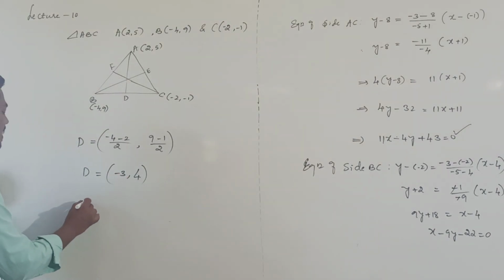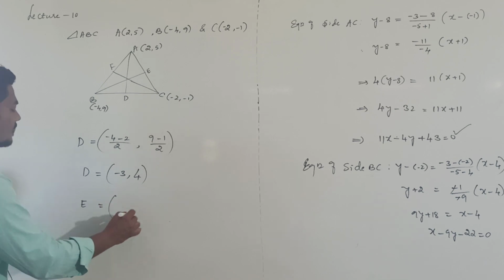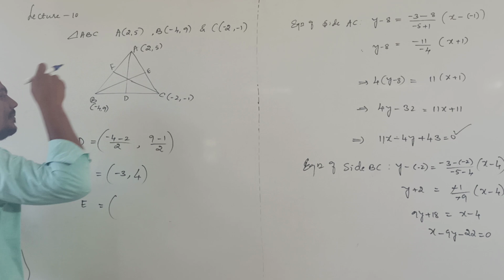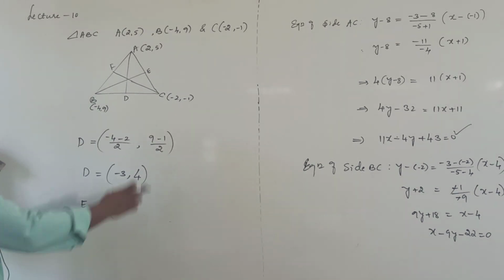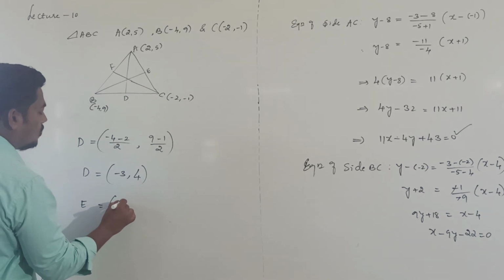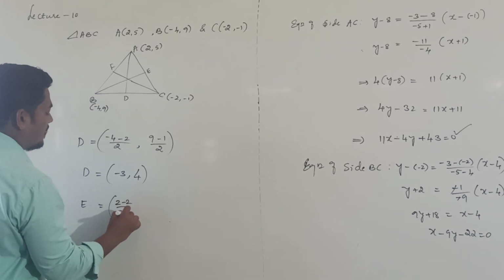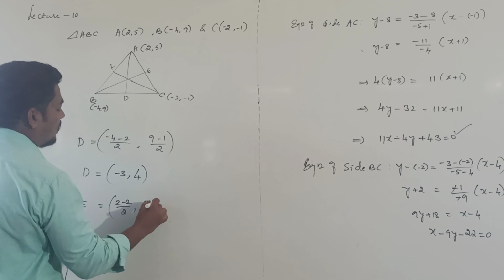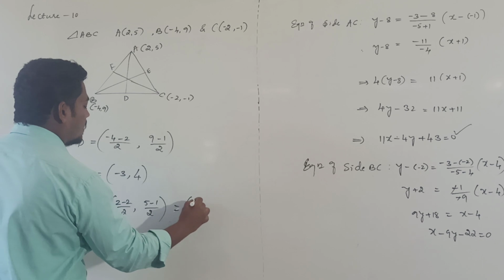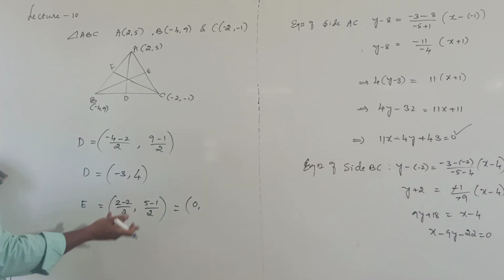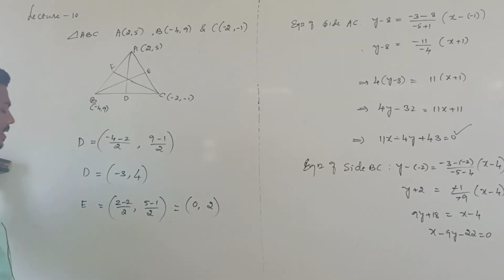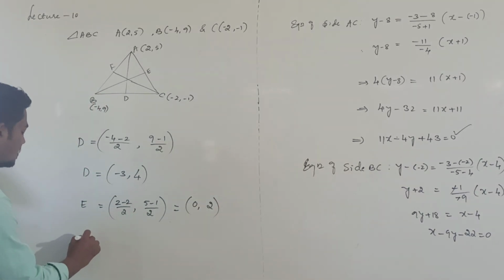After that, tell me what are the coordinates of E. Clearly E is midpoint of AC. Midpoint means +2 and -2 get cancelled: (2 - 2) divided by 2, y coordinate (5 - 1) divided by 2, that is 0 divided by 2, which is 0, and 4 divided by 2, which is 2. Now we get coordinates of E (0, 2).